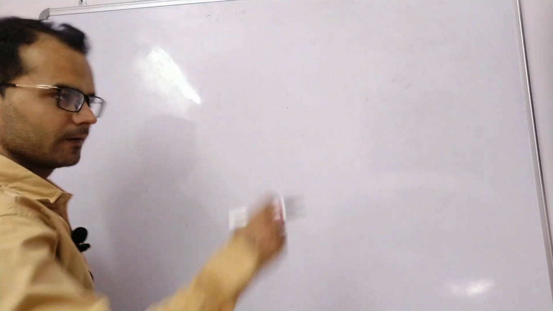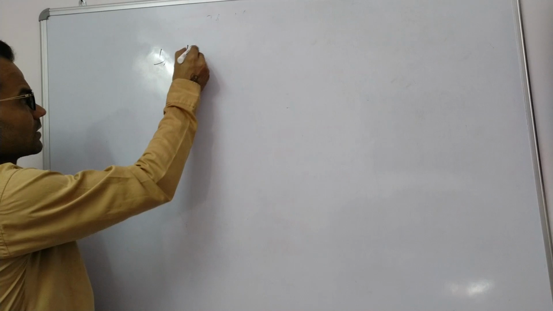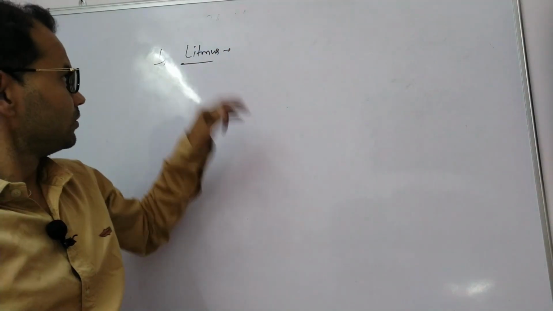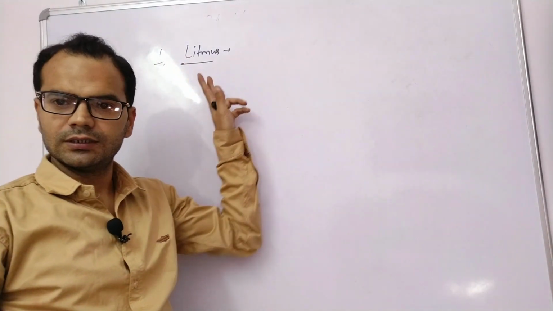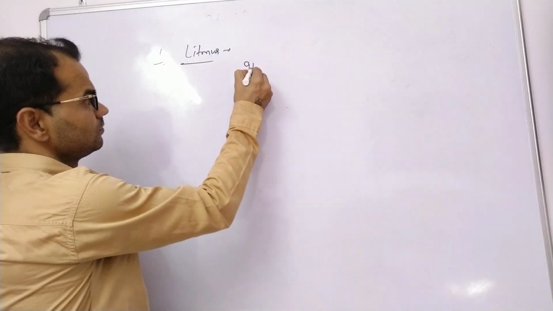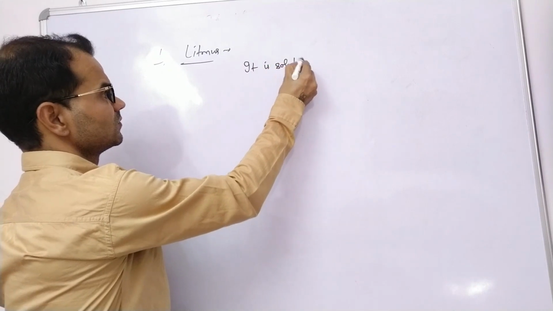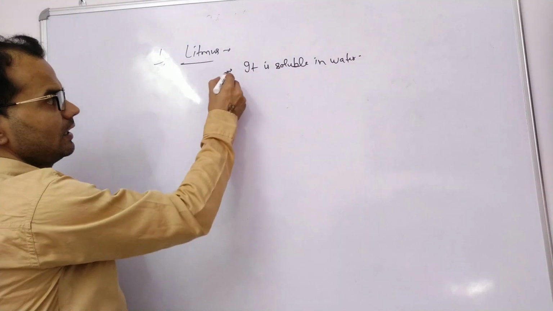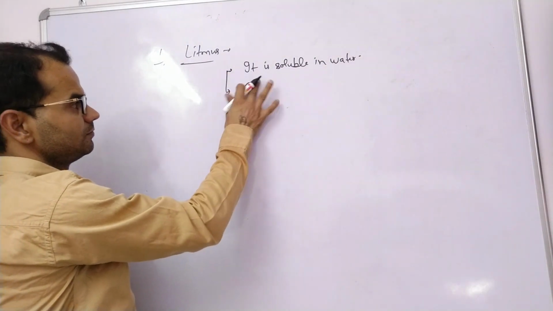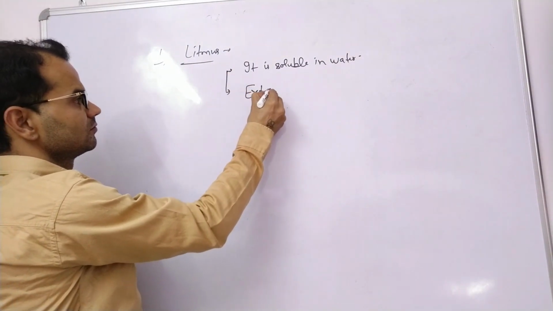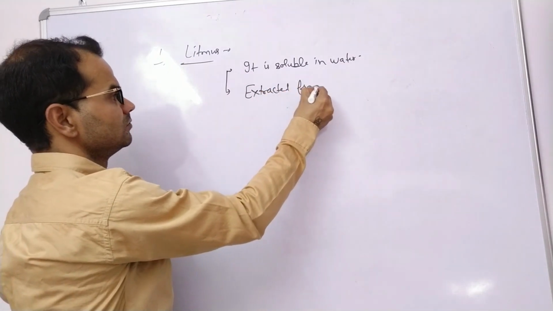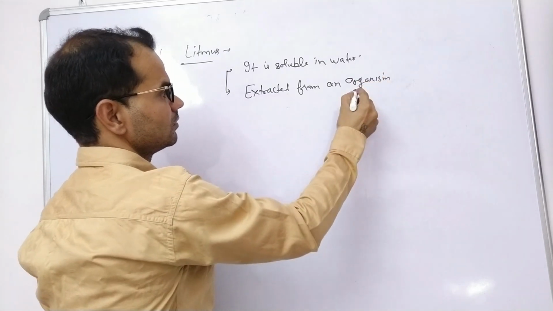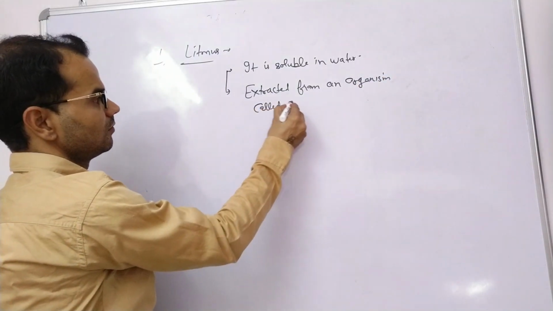First is litmus. It is soluble in water. And second, it is extracted from an organism called lichen.